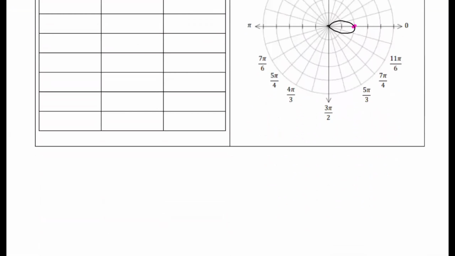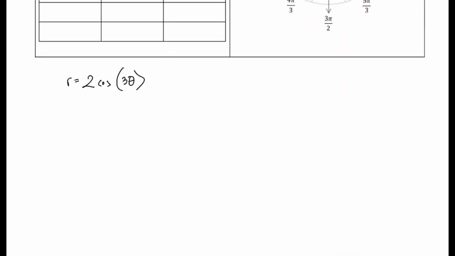So we have r equals 2 cosine of 3 theta. Now, how do we set up our equation so that we'll find the angles for the end of the petals? Exactly.